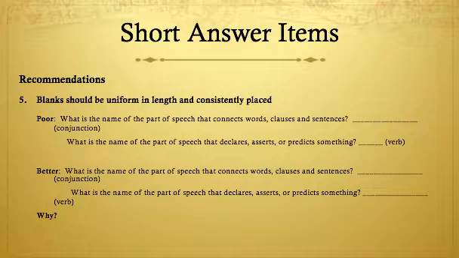The next recommendation is that if you are going to use blanks, make sure that they're uniform in length and consistently placed. The length of the blank gives a clue to how long the word is going to be, or it can cause some reliability problems by not giving students enough space to write, which can be frustrating. A better version, right, would be making sure that the blank is of the exact same length and in the exact same place.